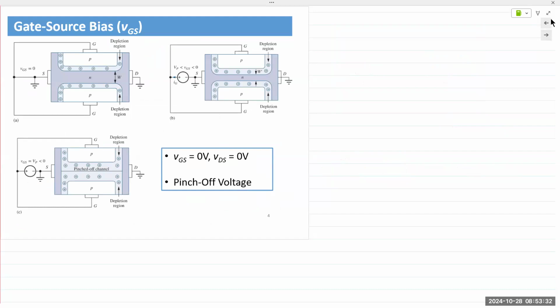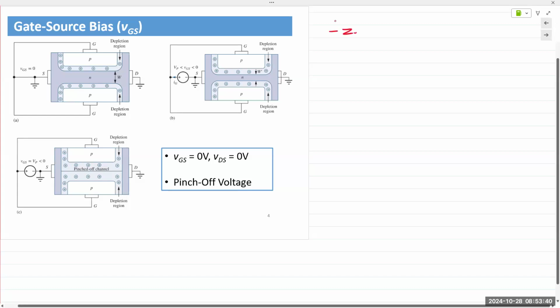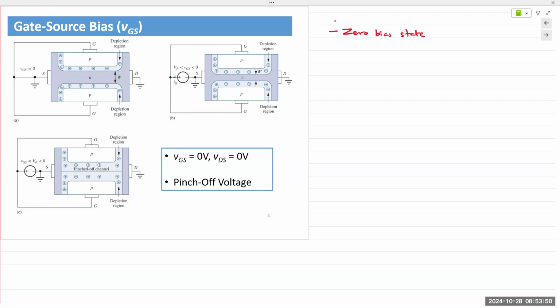Okay, all right. So here we have a JFET, which does not have any voltage applied. This is known as a zero bias state. This is basically the same as the thermal equilibrium that we looked at in chapter 2.